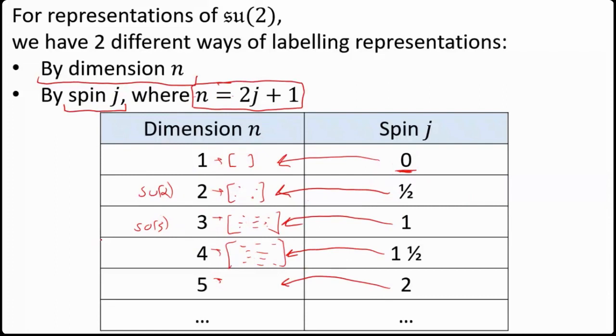So I was pretty confused when people were talking about the spin 1/2 representation or the spin 1 representation. If you want the dimension, you just use 2j plus 1, where j is your spin. So this is a table that I found. I didn't understand this until I saw the table, but it's good to know.